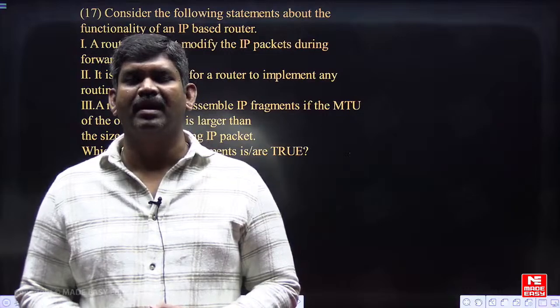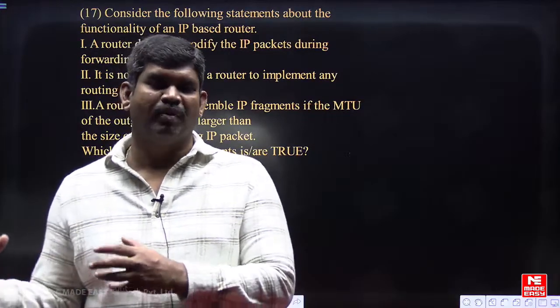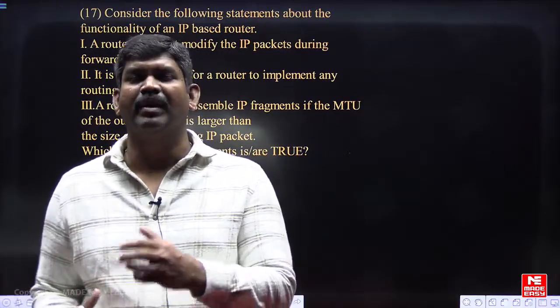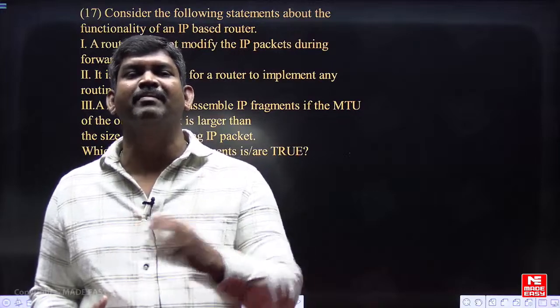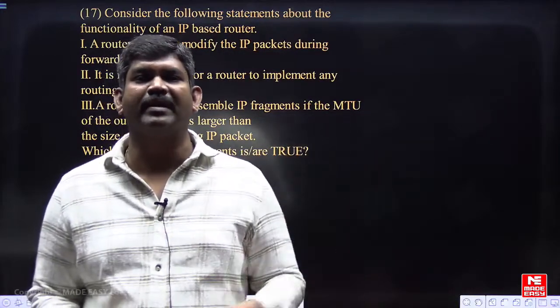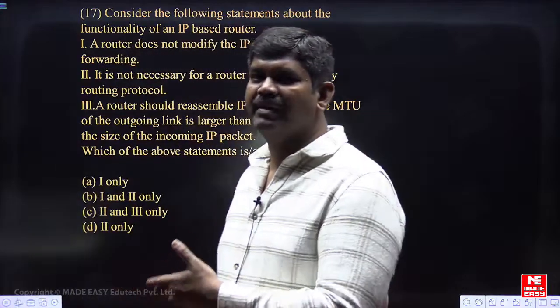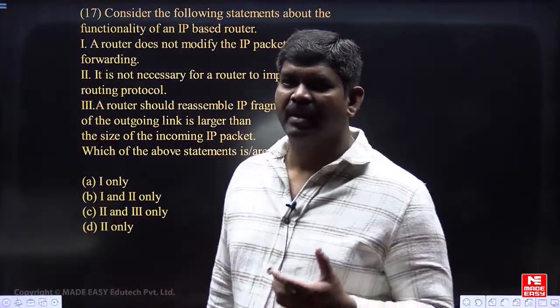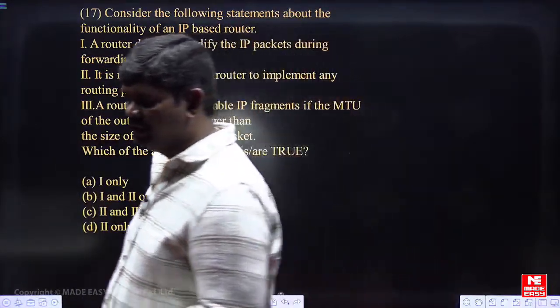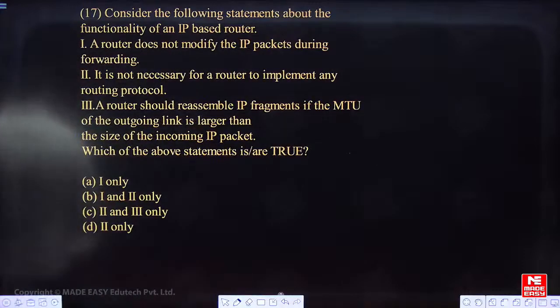So the functionalities of the routers you use for the immediate LAN will not be the same as the actual routers which provide the routing in the internet. Based on that, this question is given. So please try to solve it. I am going to guide you. If you have a problem, try this one.